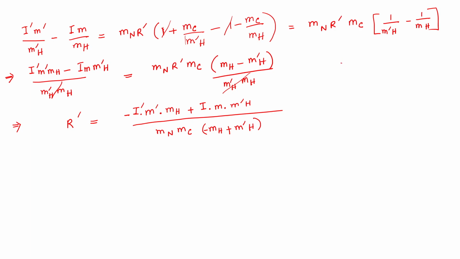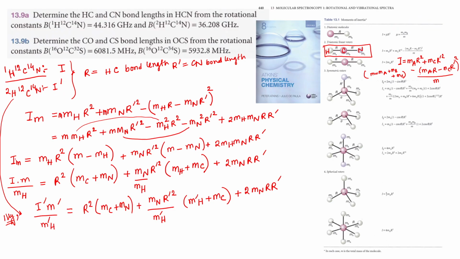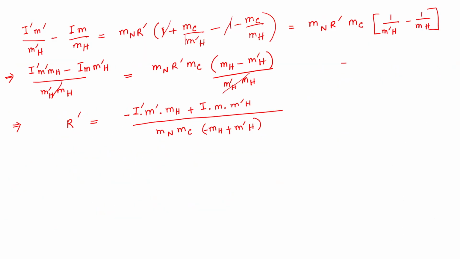So I dash. Rotational constants are given. I is equal to 8 pi square BC, right?